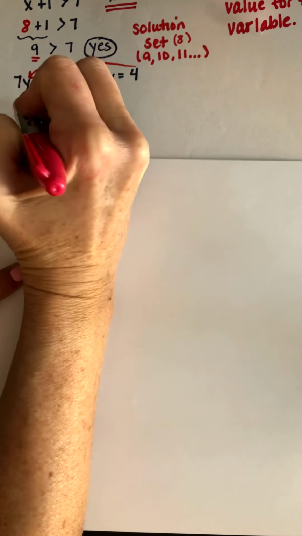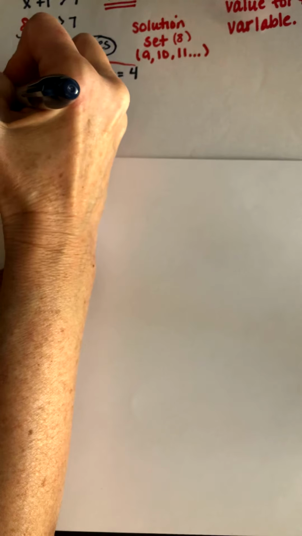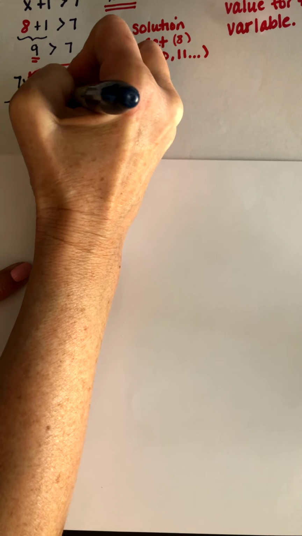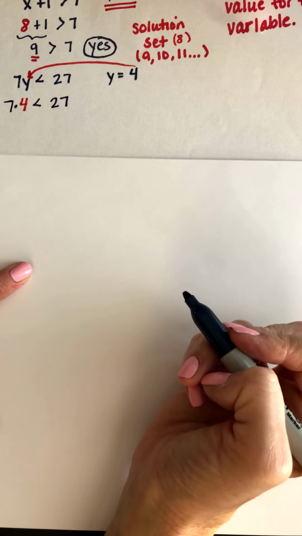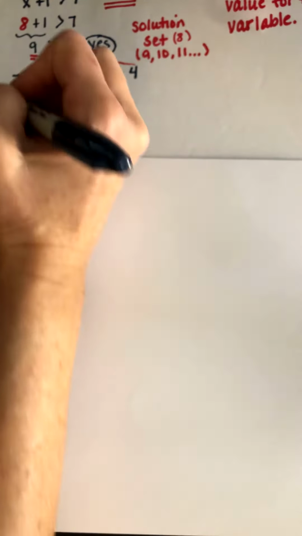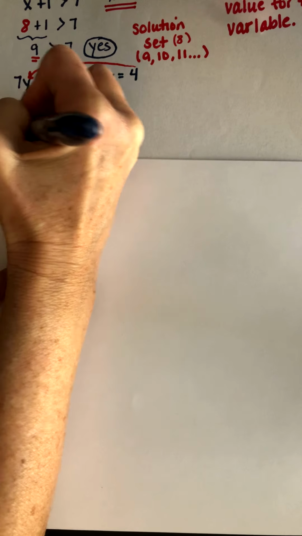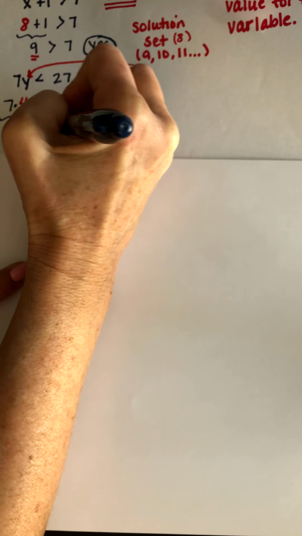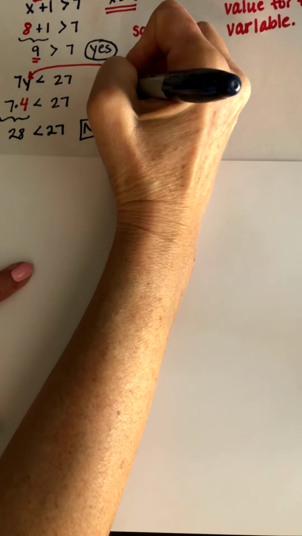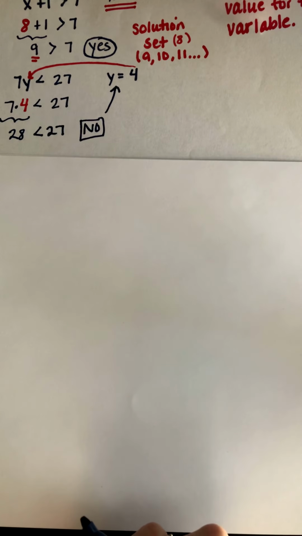So I'm going to plug in 4 for our y, but remember, coefficient and variable means 7 times 4 is less than 27. Well, 7 times 4 is 28. Is 28 less than 27? No. So y equals 4 is not a solution for the inequality.